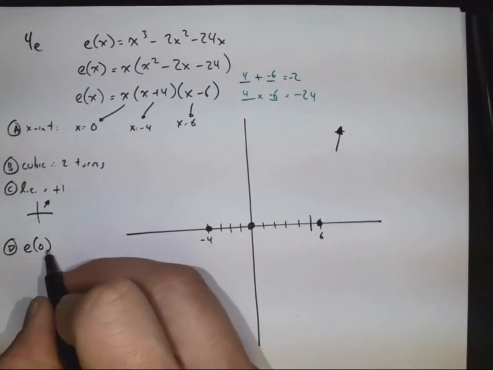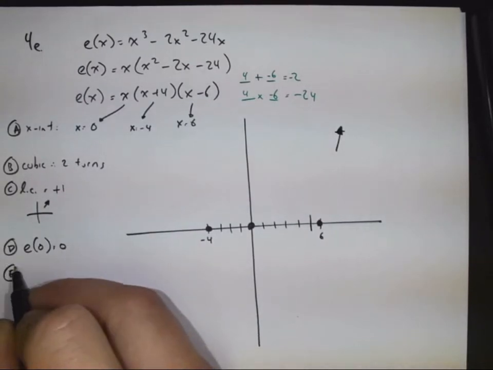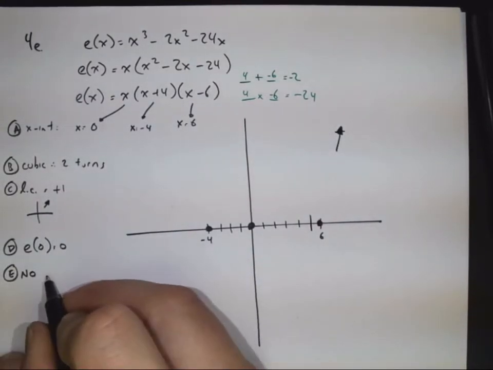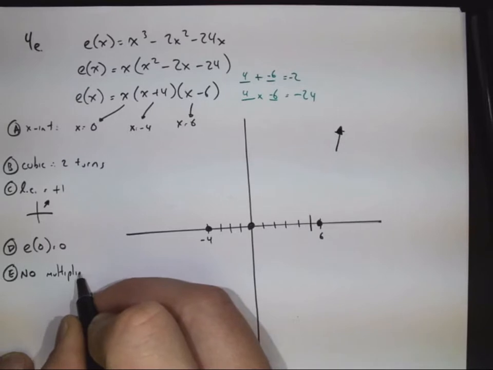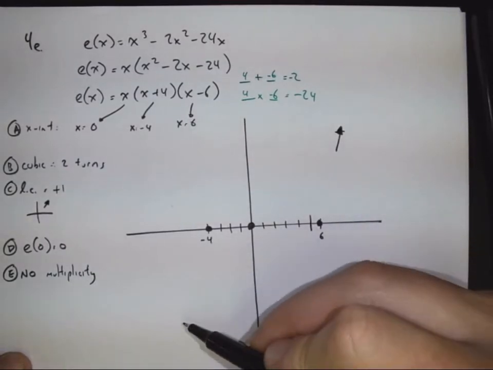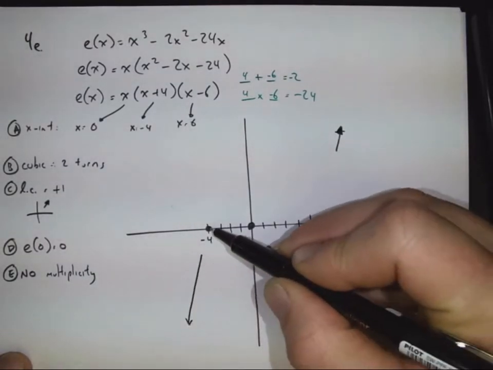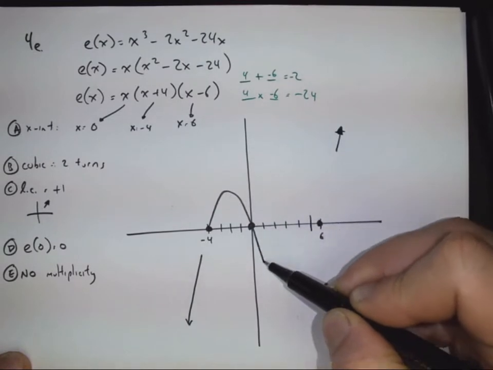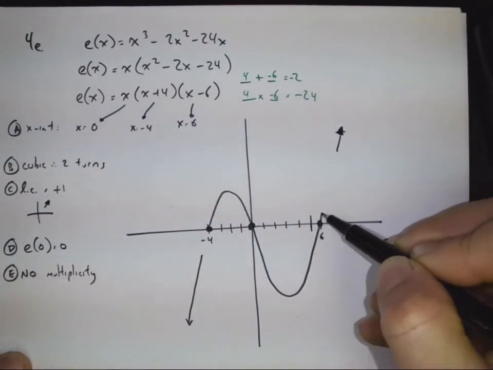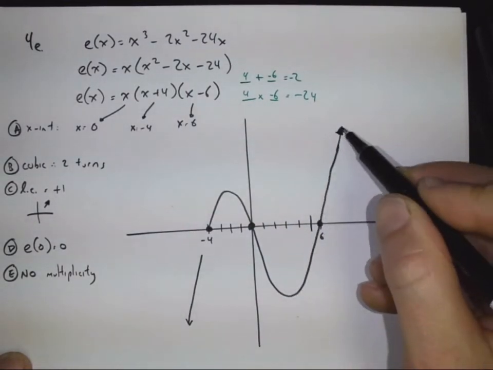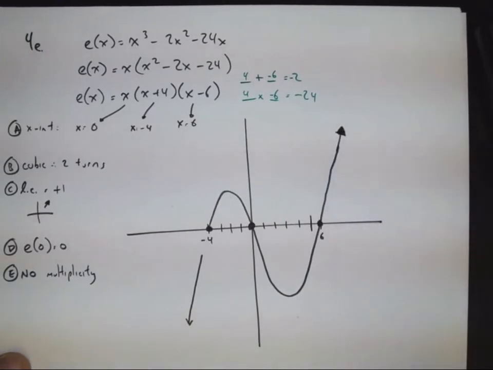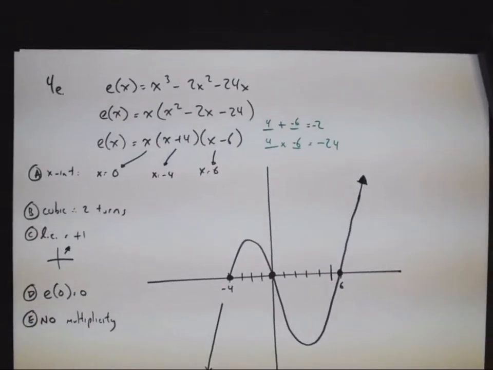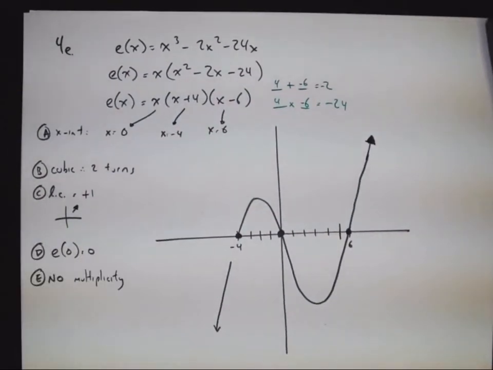E of 0 is 0. And there is no multiplicity. So that means when we graph this thing, it looks like it's going to look something like this. And that's our graph. Simple as that.